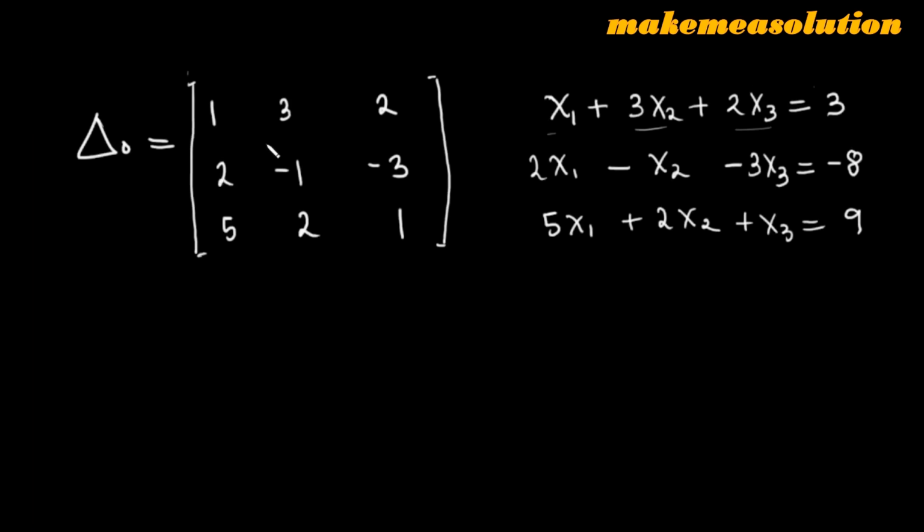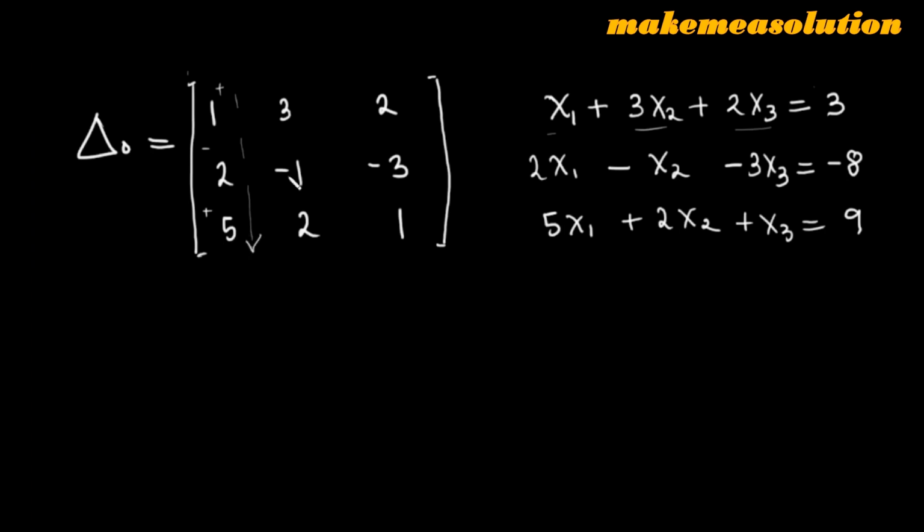To evaluate delta naught, I'm going to expand along this first column. Remember, the signs are plus, minus, plus, so you can expand anywhere you want. I'm just expanding along this first column because it contains the biggest number, so I like expanding along the column that contains the biggest number.